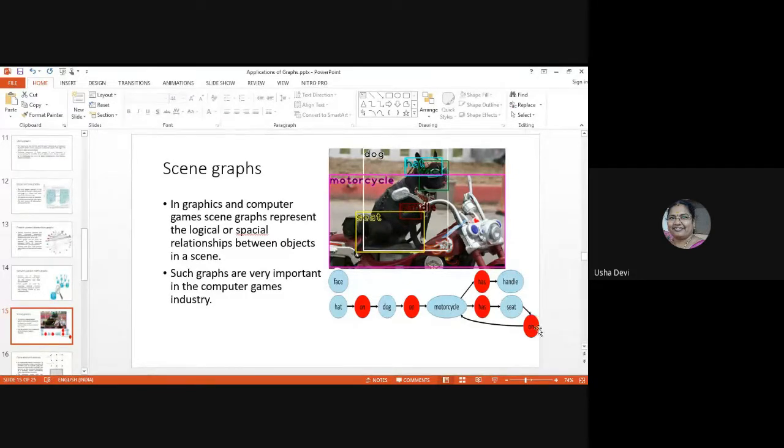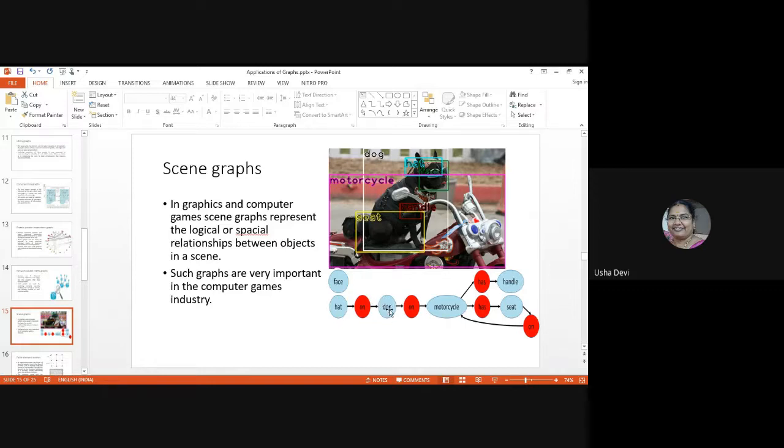The seat is on the motorcycle. Like that, you may have a flow graph, and all these circles represent vertices. The major components here, the blue color objects, specify the components. The relationship is mentioned over this flow, and all these red colors say the relationship.